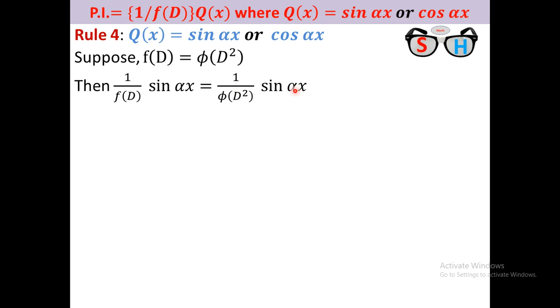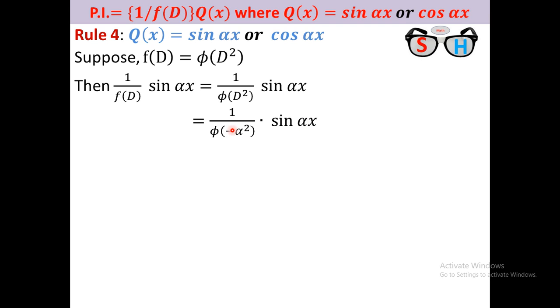Here we don't use a multiplication symbol, because this is not a multiplication of two functions. This is an operator and this is a function. We operate this operator on this function, but after putting minus alpha square in the place of D square, this is a scalar quantity, a real number, and this is a function, therefore we can multiply them automatically.